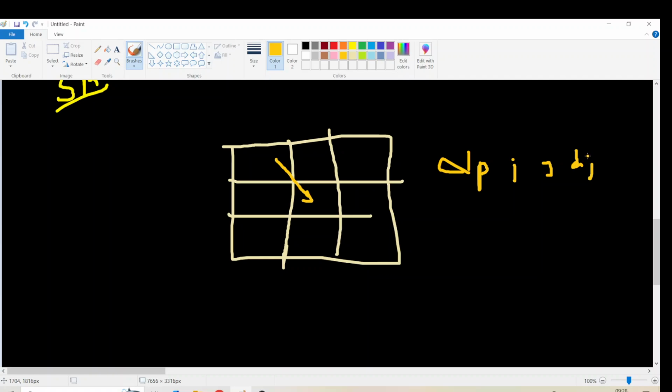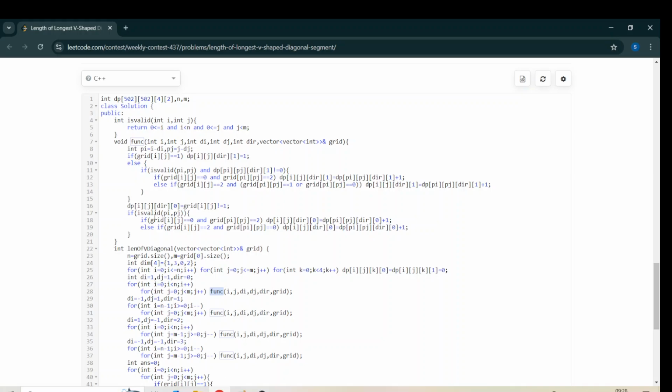And there is another value f. What is f? f equals 1 means we are at a subsequence which starts with 1, and f equals 0 means it can start with either 0 or 2. So let's find out the value for f equals 1.